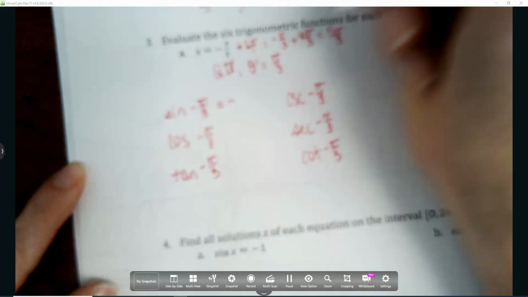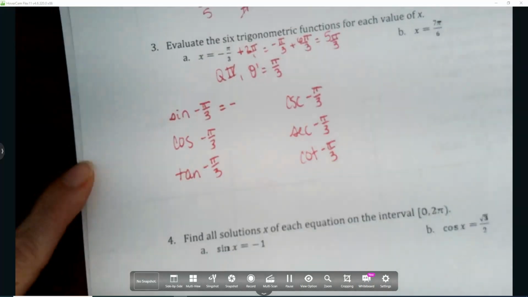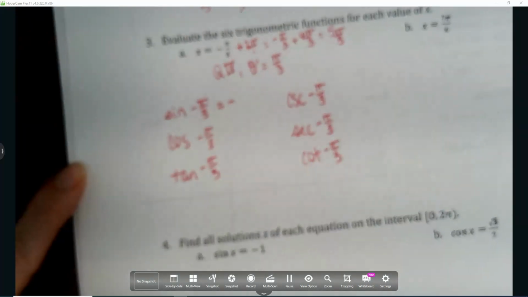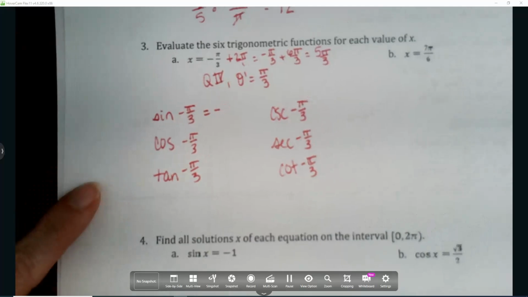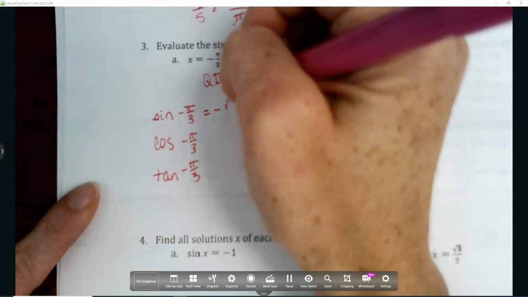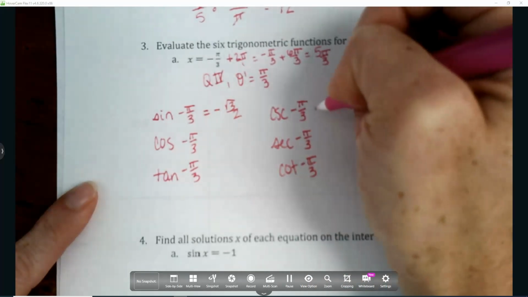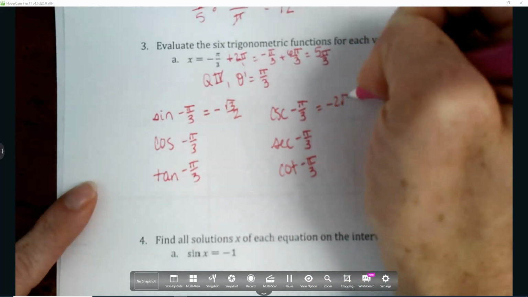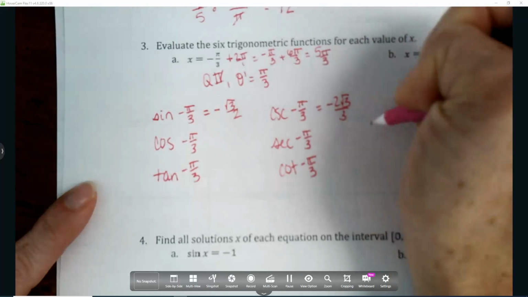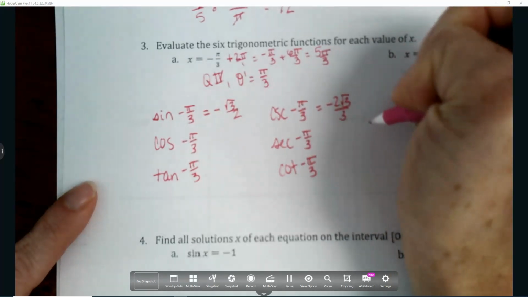Okay, so negative. Pi over 3 is like 60 degrees. What's the sine of 60? Using your hand trick. If you have sine, how do you get cosecant? So that'd be negative 2 radical 3 over 3. Okay, cosine in quadrant 4, positive or negative?